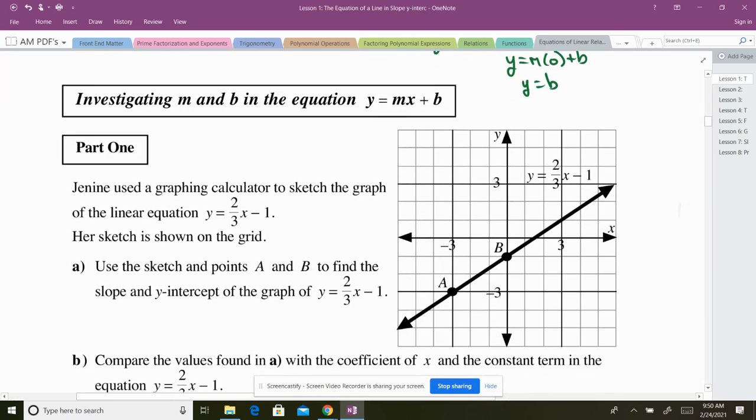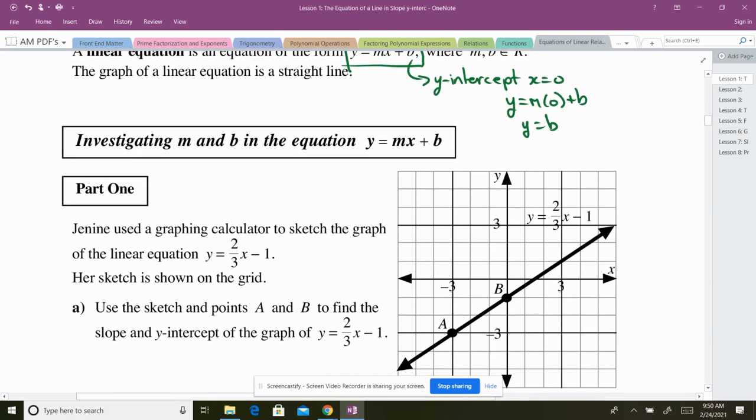Because if I give you this, I say y is equal to 2/3 x minus 1. It looks like a complex equation. The first thing you ask yourself is, is it linear? Why? The exponent is 1.